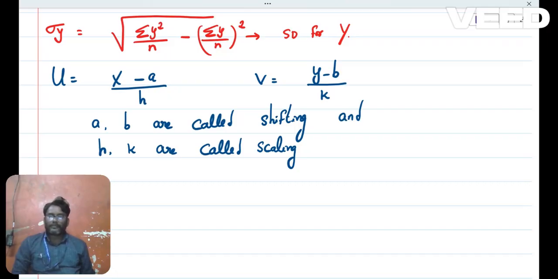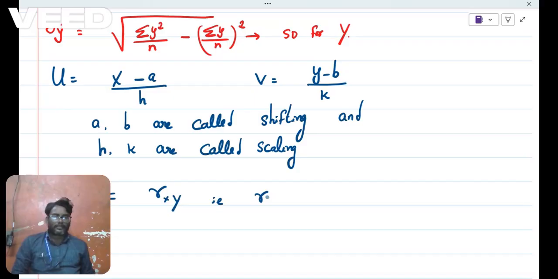That is, the correlation coefficient of u comma v will be the same as the correlation coefficient of xy, which is nothing but the covariance of u comma v divided by sigma u into sigma v.